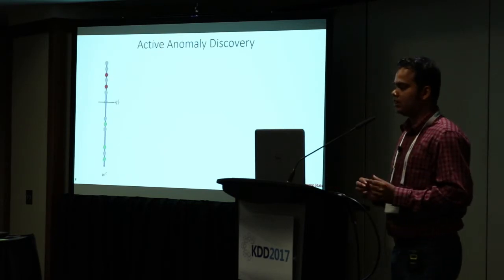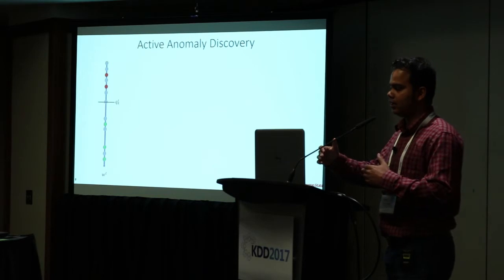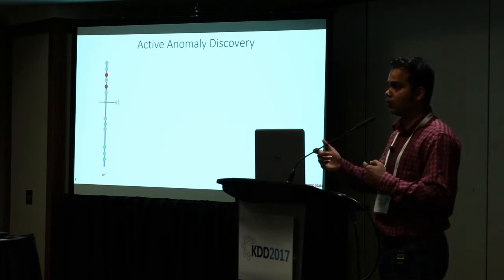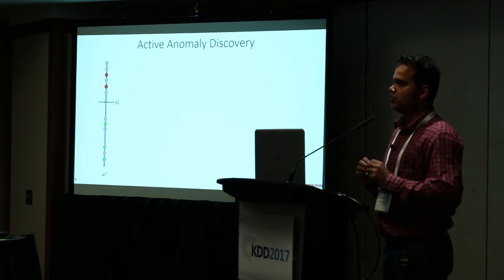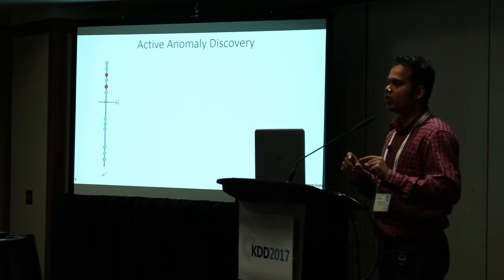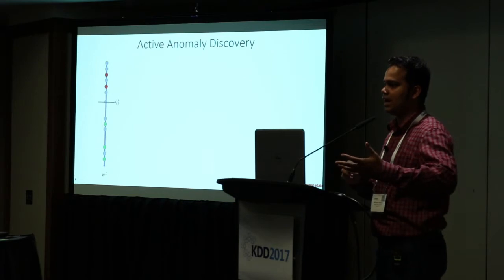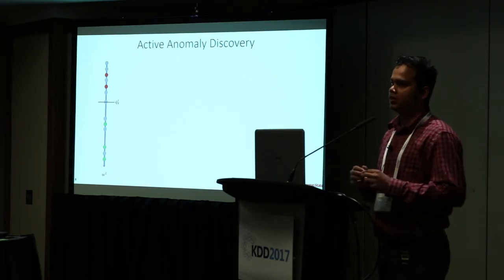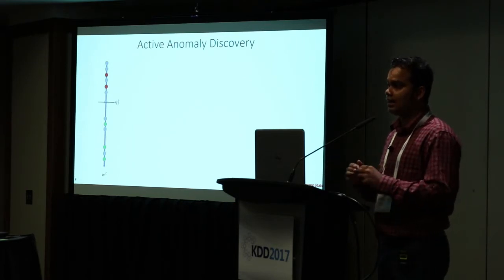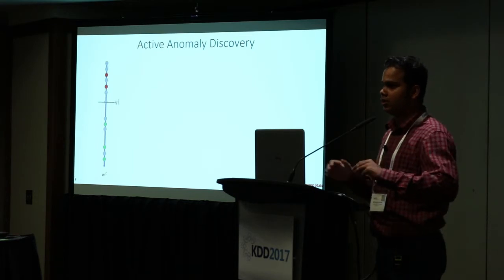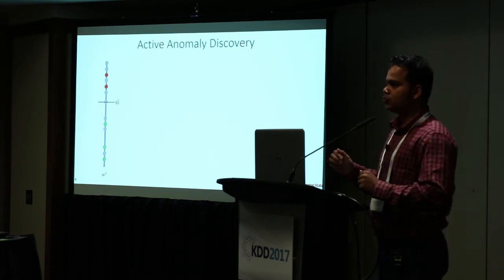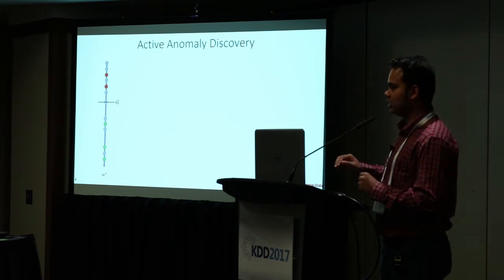The algorithm that takes feedback, we are calling active anomaly discovery. The basic idea is that what we care about is accuracy at the top, which means we only care about, say, the top 10 or 20 instances, because in reality, an analyst will only look at that region. So the bottom region doesn't matter. We want our anomalies to come at the top.